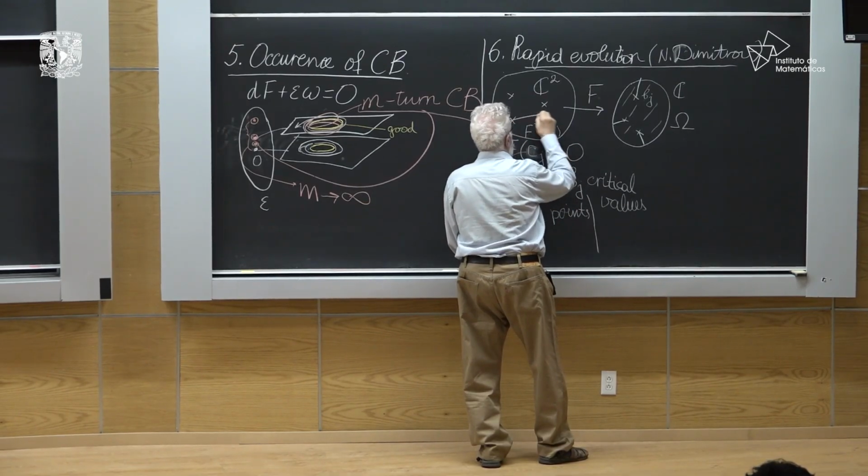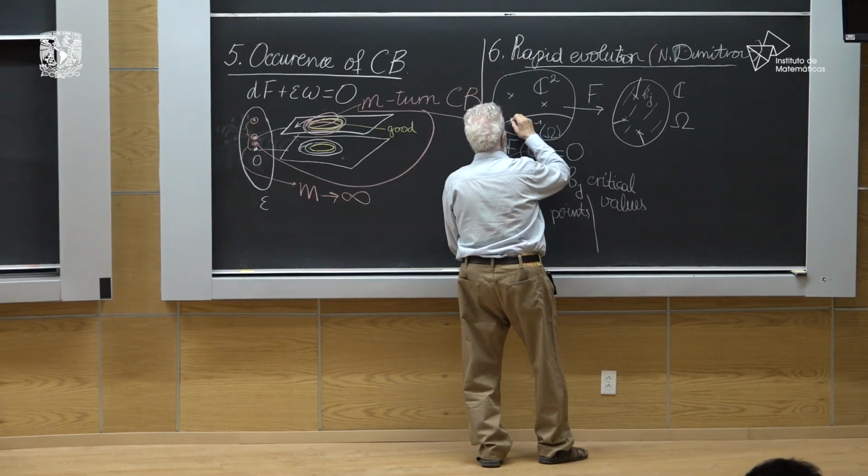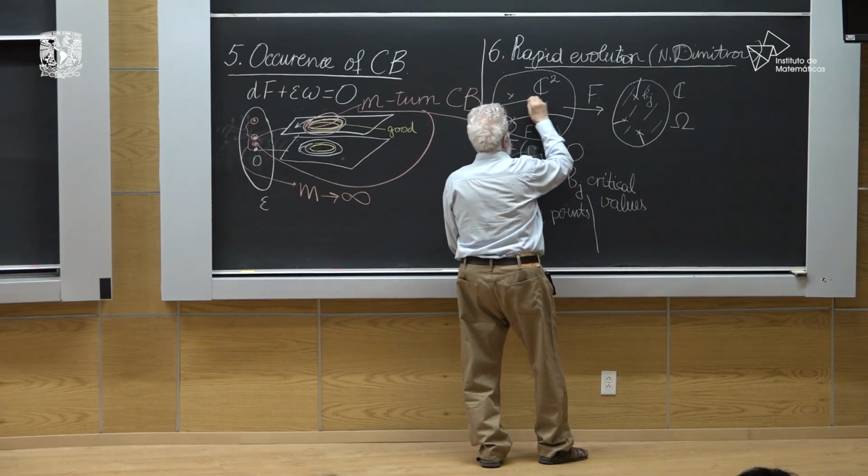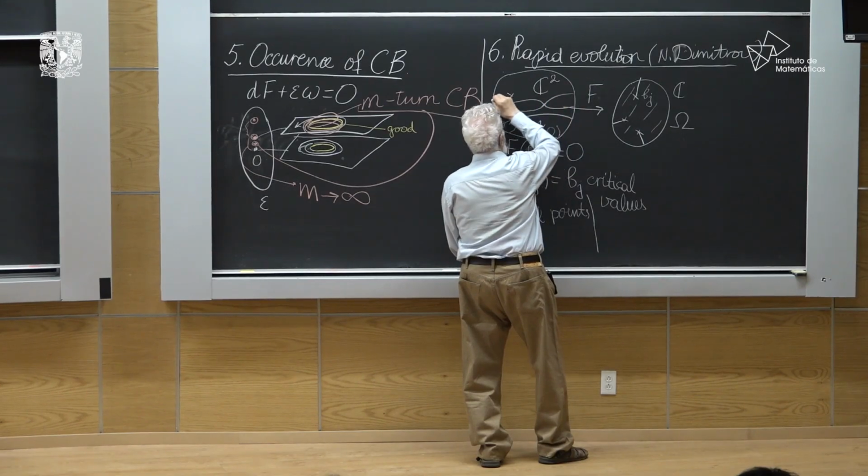So this inverse image excludes all the leaves with singularities that pass through the critical values.